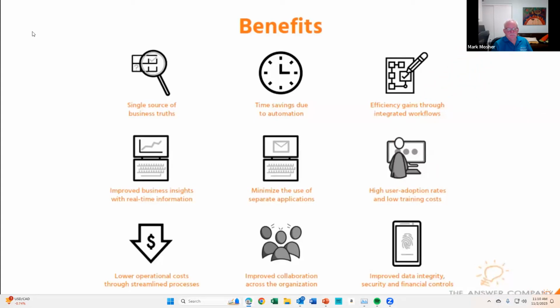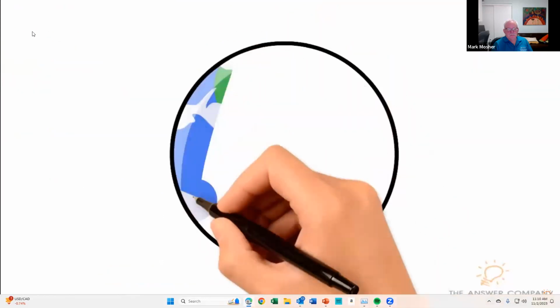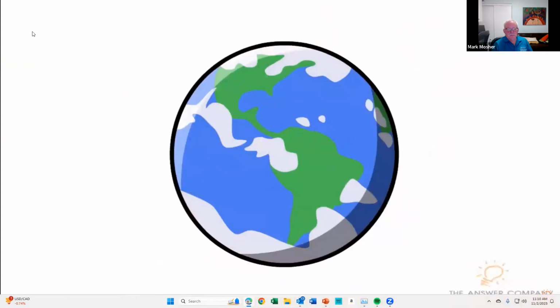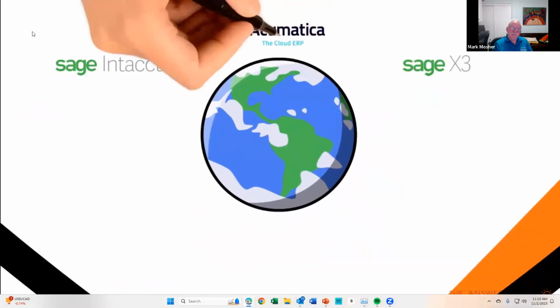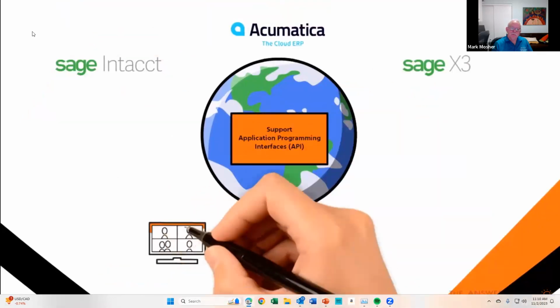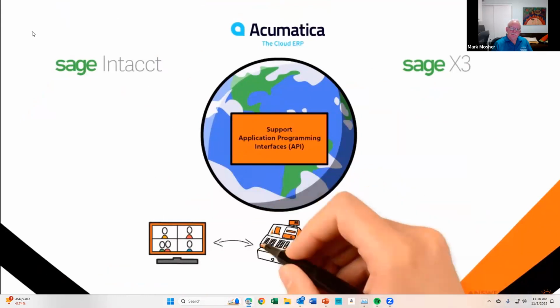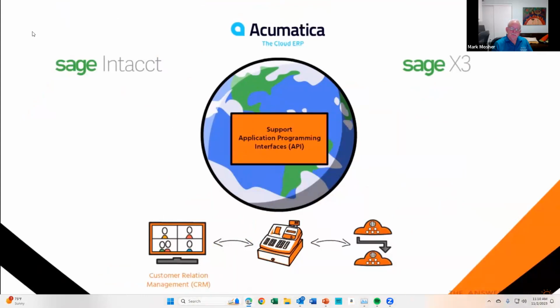But most surprisingly, some of the major benefits of ERP software are not actually what lies within, but the world of capabilities that an ERP software provides. Modern ERP software like Sage Intacct, Sage X3, and Acumatica support application programming interfaces, which allows two applications to talk to each other, syncing data from other critical business applications such as CRM, payment processing services, and EDI service providers.